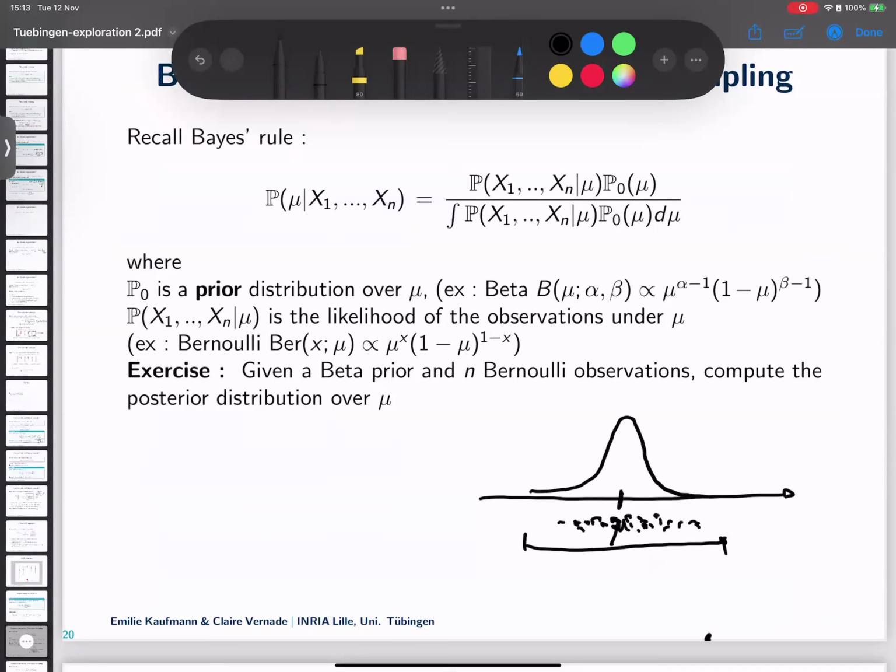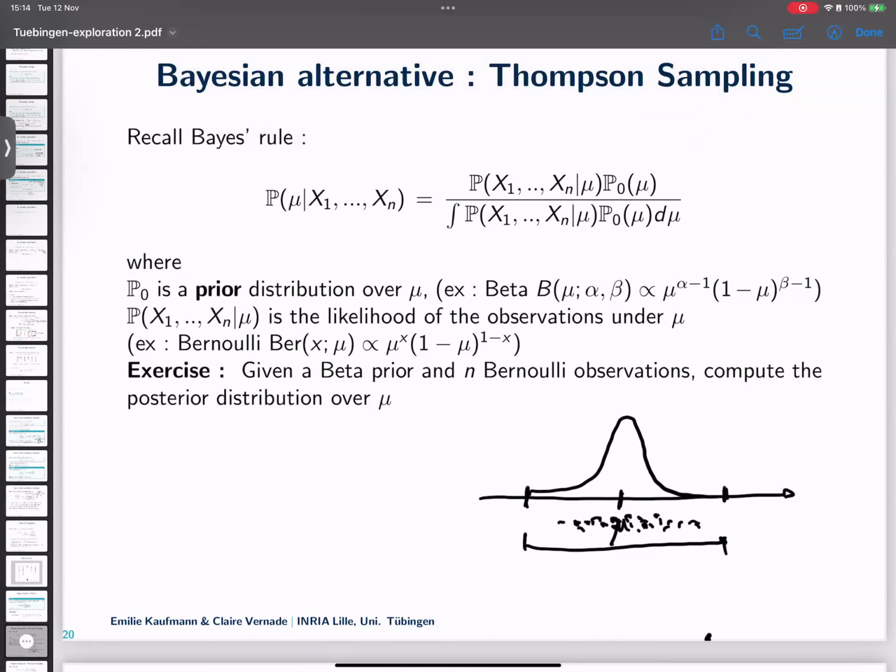It's true that if you take the large quantiles of this posterior distribution, you will cover the true value. But you can use this posterior belief on the true parameter to measure your uncertainty and to control your exploration. This Bayesian algorithm is called Thompson sampling.